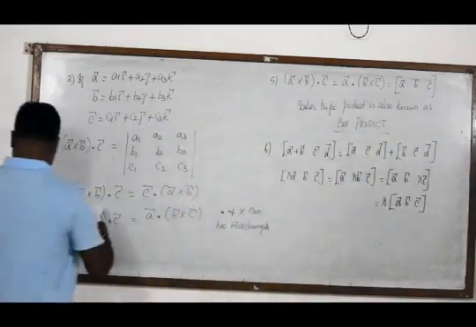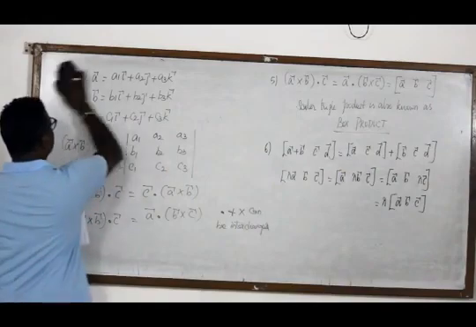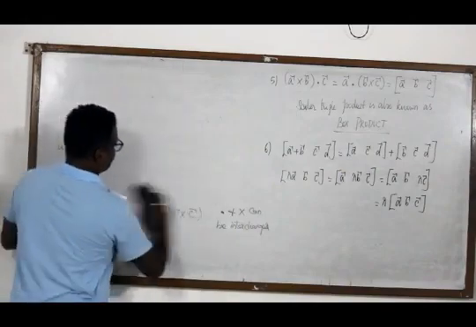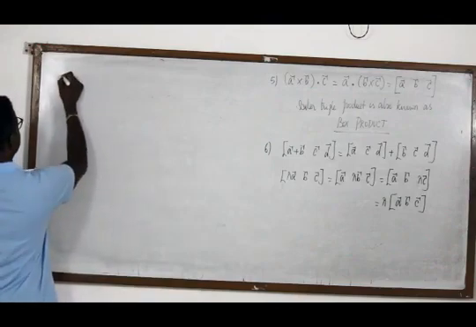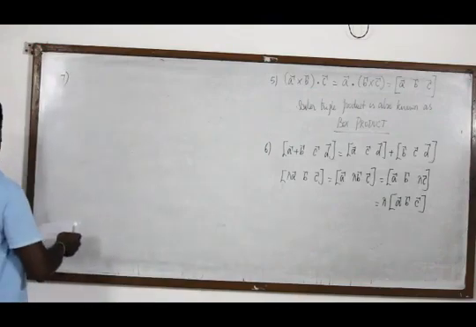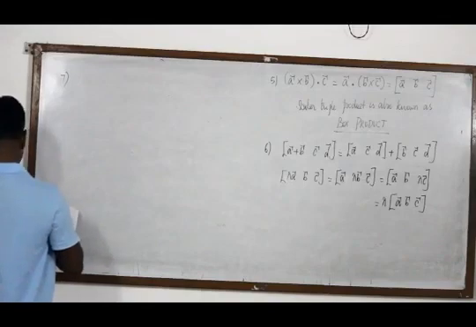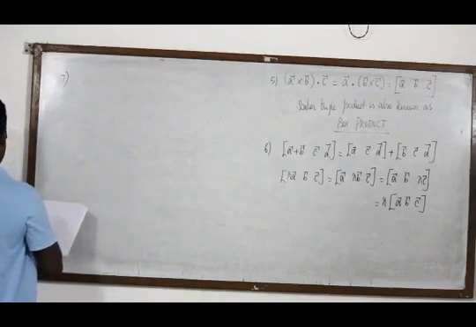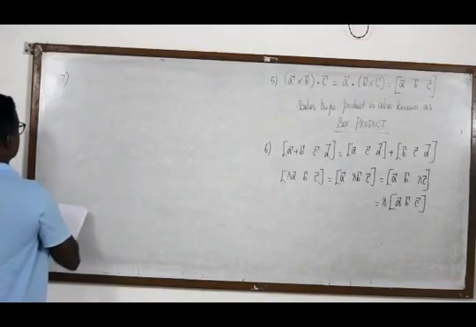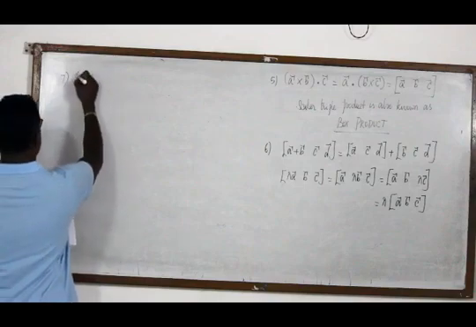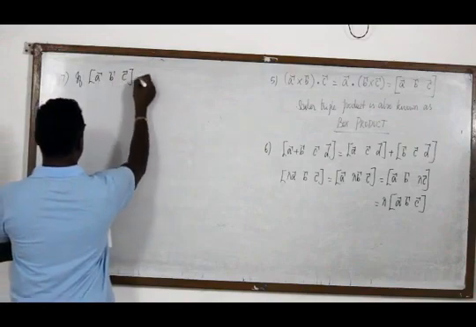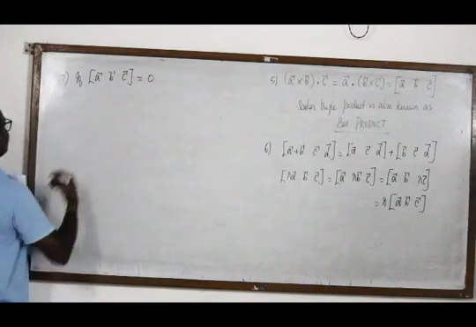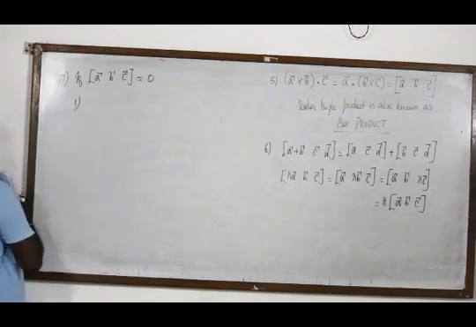Then finally, seventh property. If your box product is 0, when will it become 0?